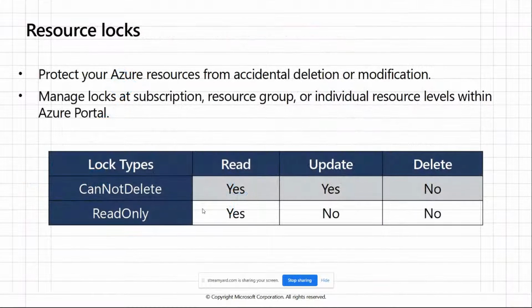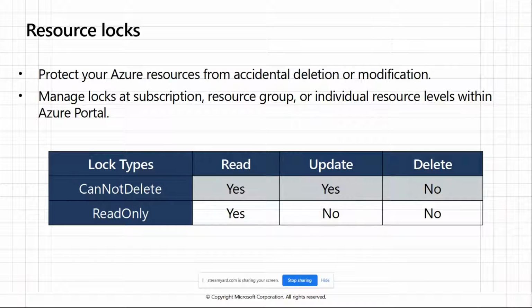Also, when it comes to a resource lock, what happens is, when you are sharing the resources between many persons, there may be a chance that your resource is deleted or modified accidentally, right? It happens even with a file that you are sharing inside a shared drive as well.